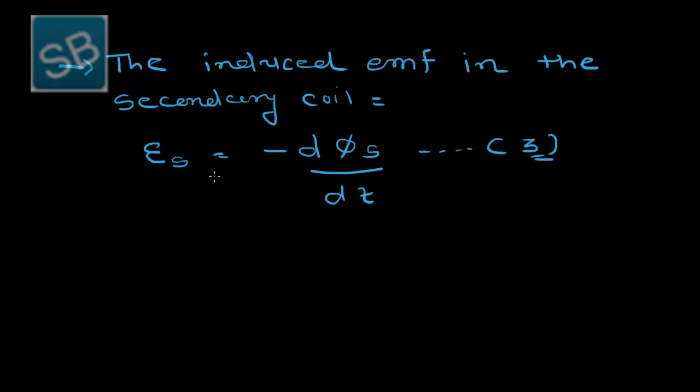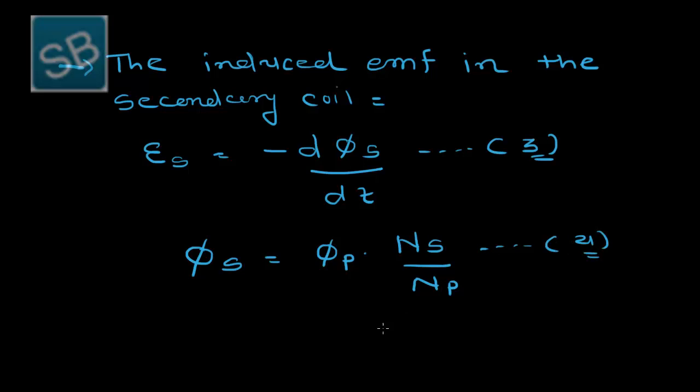Now from the first equation we have the value of phi s, that is phi p into ns over np. This is equation number 4, which actually came from equation number 1.